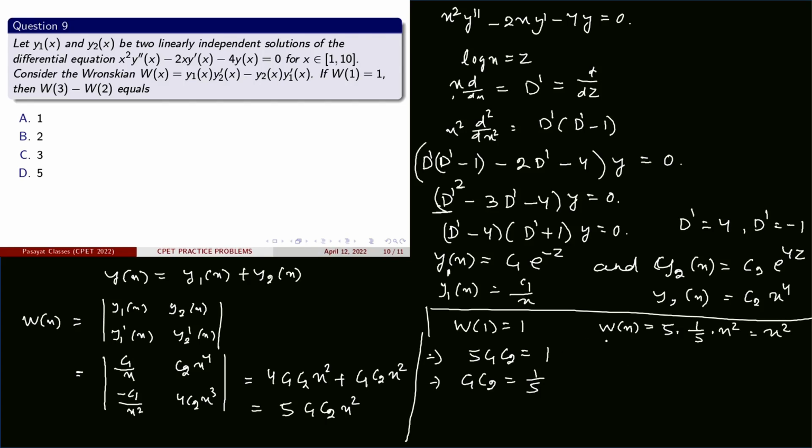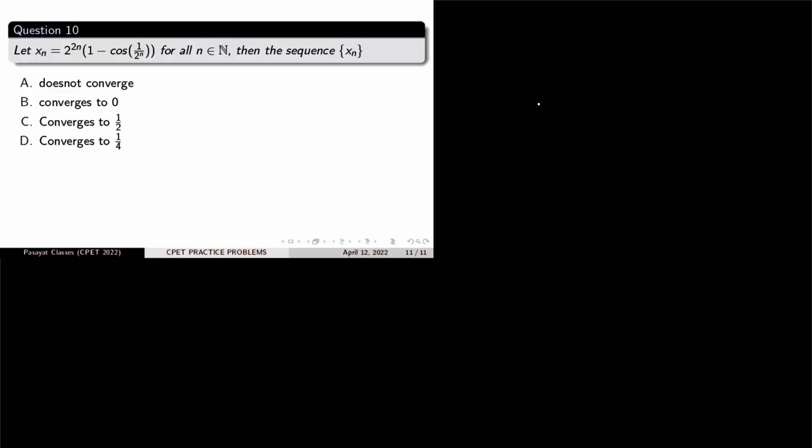That means the Wronskian W of x is found out as x square, and we have to find the value of W of 3 minus W of 2. So simply putting the value x is equal to 3, this gives 3 square minus 2 square, this is equal to 9 minus 4, this gives 5. So here the correct answer is option number D. So option D is correct one.